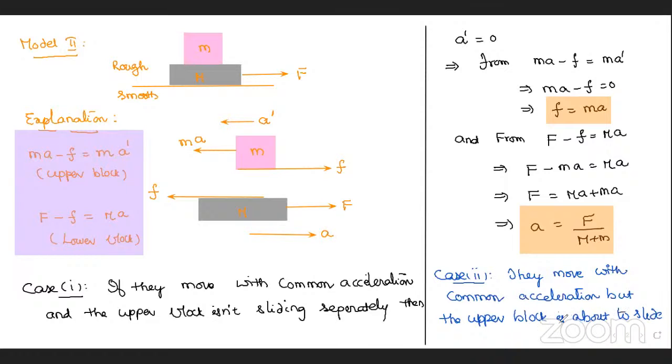In that case, still at rest now. So common acceleration without derivation, shall I write it as A is equal to F by M plus M, Nana? Will you accept or not this equation? Yes, very good. Accept it.